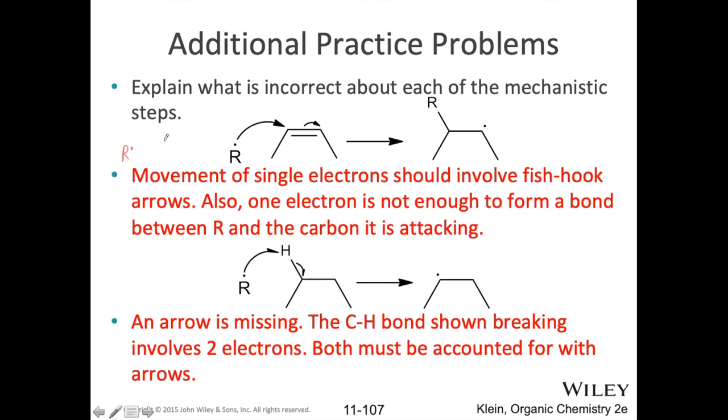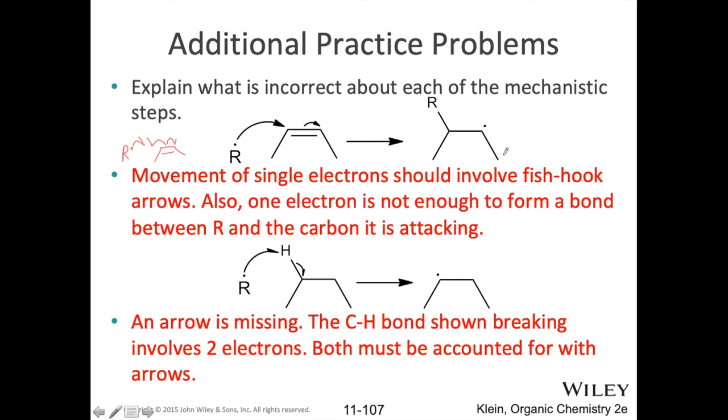Here you have your radical. Here's your alkene. So you would have had 1 fishhook going here, 1 fishhook going here, and another fishhook going here. And that would have yielded this product. These 2 fishhooks over here are making this covalent bond. And again, of course, you have a fishhook here, not a double barbed arrow.